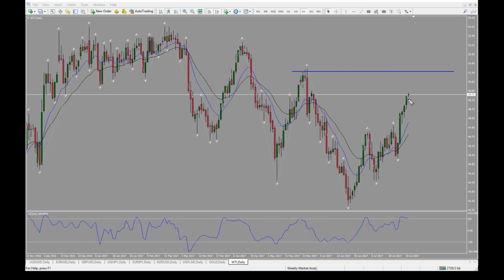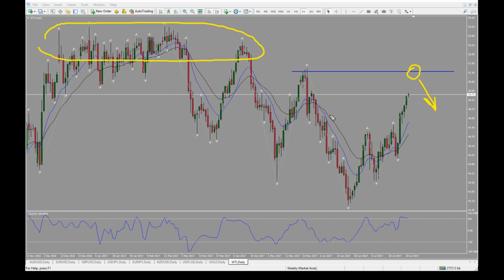Now you've got to remember, guys, when this comes to this level, that doesn't mean trade it straight away. Even though it's a horizontal line, it's technically not a proper double top, because for it to be a double top, all this stuff should be lower than that line.